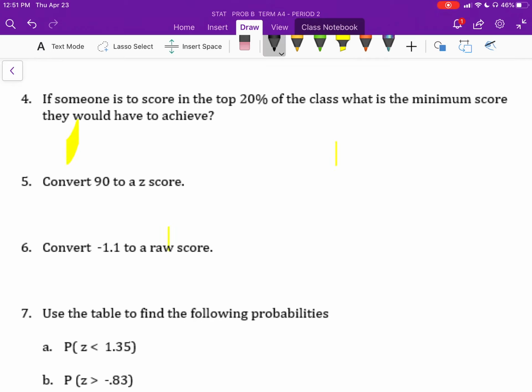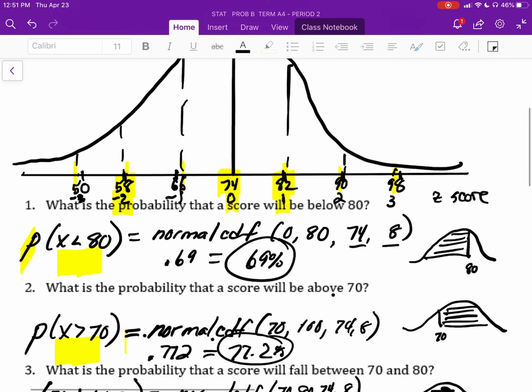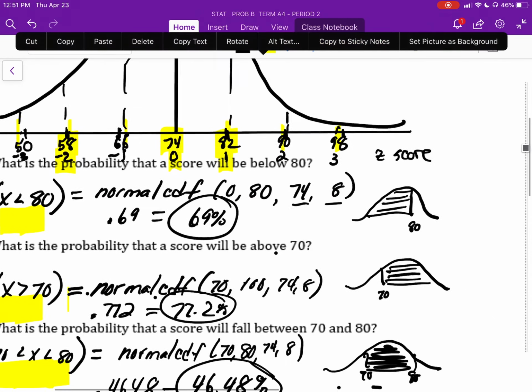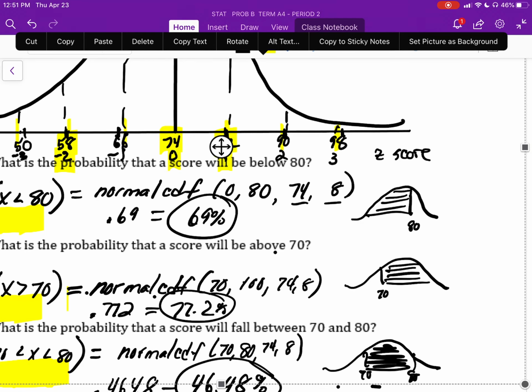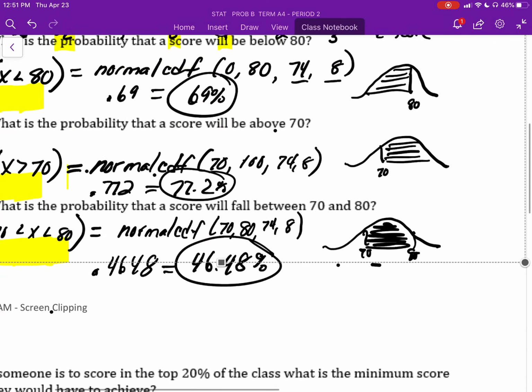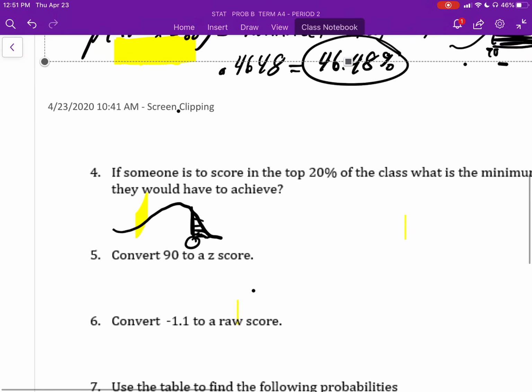So we want to know, suppose I said you scored in the top 20%. So that means you're way up here, right? What's your score? Well, the top 20% is going to be somewhere up, probably above 82, above 80 at least, right? So we're going to use the calculator to tell us what it is. We're going to use a function called inverse normal.